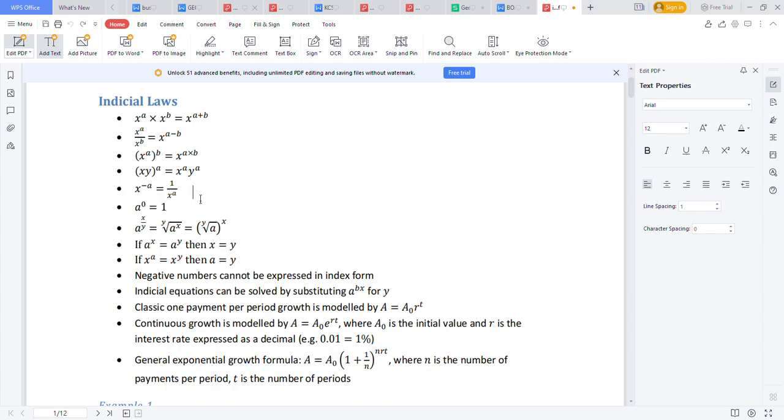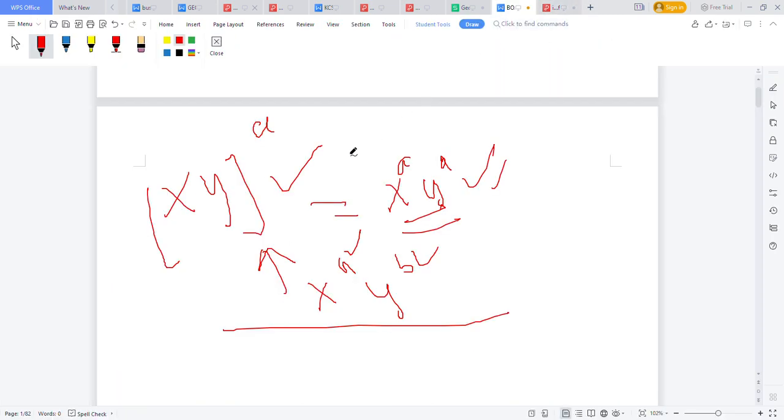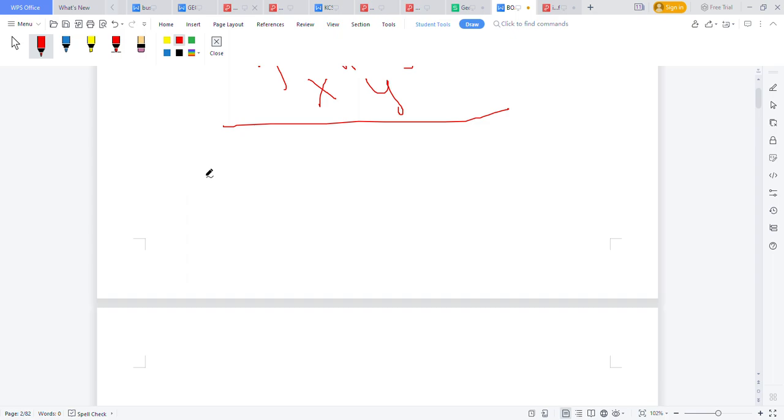So we move to the next one, the reciprocal. Any number raised to a negative power, if you want to remove that negative, you simply get the reciprocal of that. What do I mean with that? In this particular case, you have x raised to negative a.